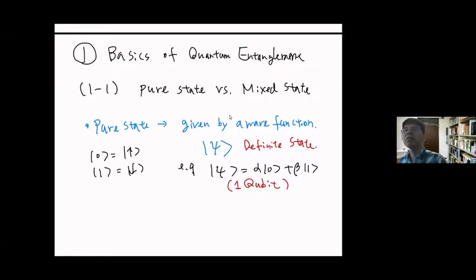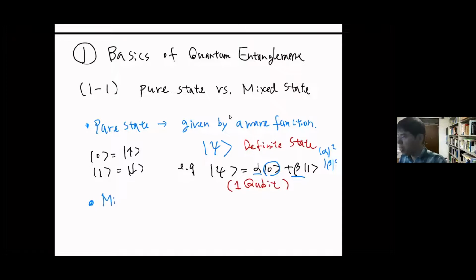This is a quantum version of a bit, the basic unit of information. And this is a pure state. Even though you take a linear combination, 0 appears with probability alpha squared and 1 appears with beta squared. This is anyway a quite definite state in quantum mechanics.